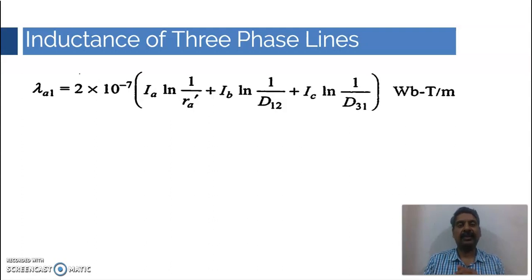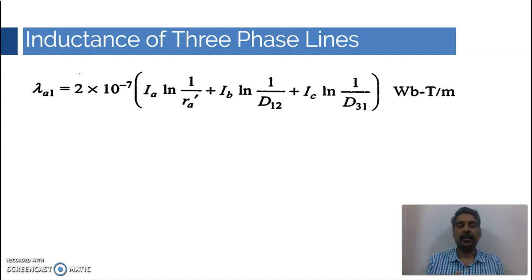D31 is the distance from conductor C in position 3 to conductor A in position 1. So this is the flux linked with conductor A because of the currents IA, IB, IC flowing through all three conductors.